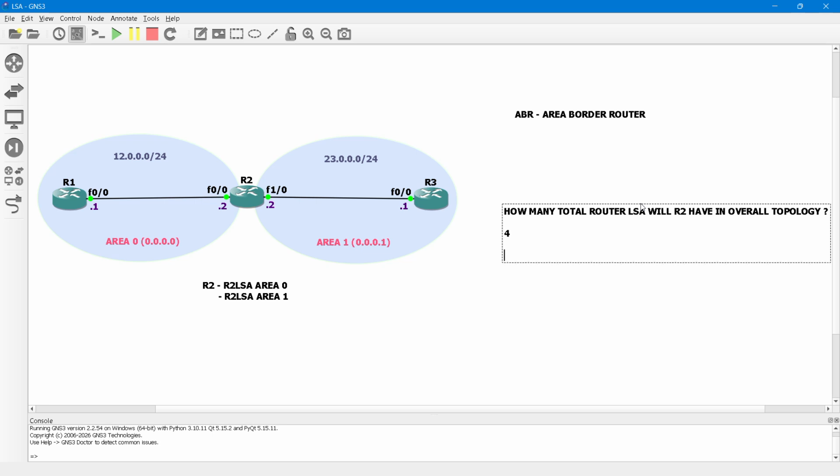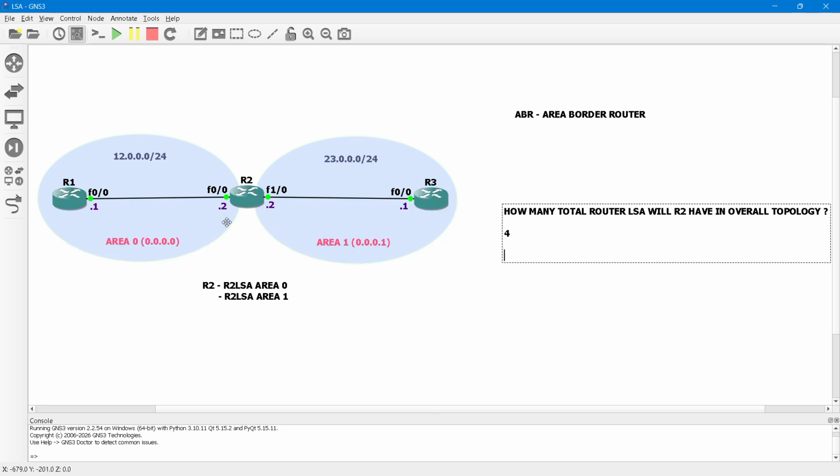Okay, let's understand how 4, because we are talking about router LSAs. First, R2 will have, for this particular area, R1's LSA and its own LSA generated for Area 0.